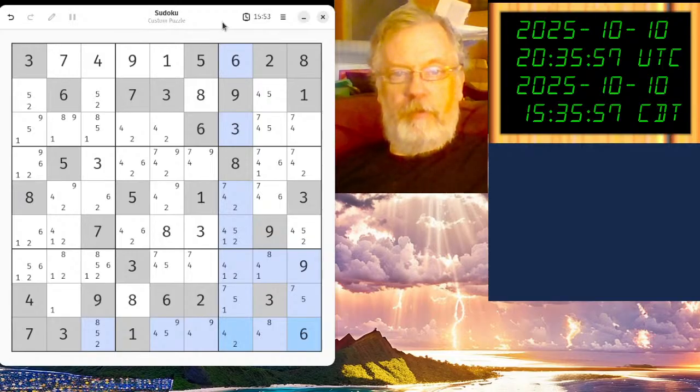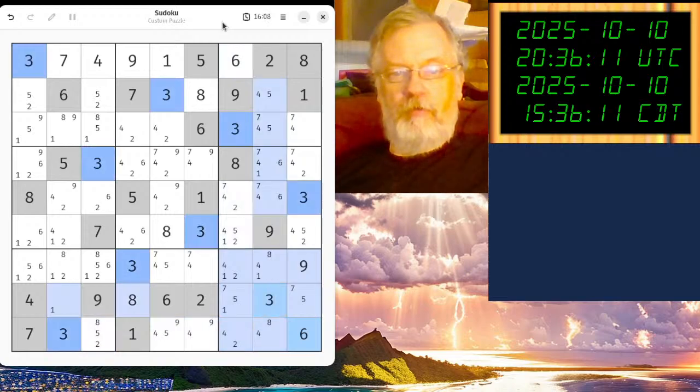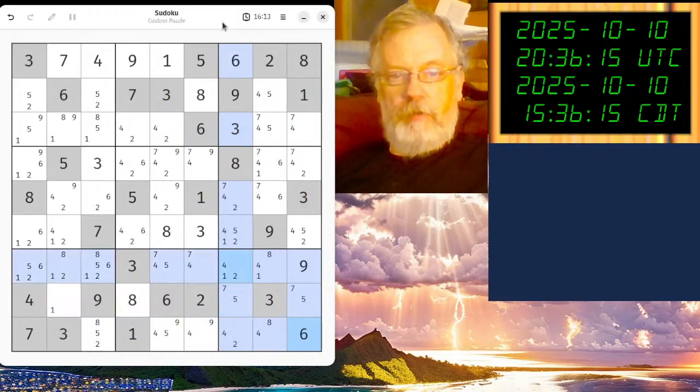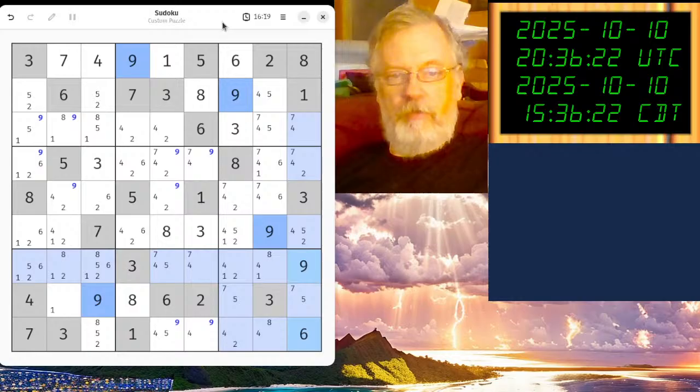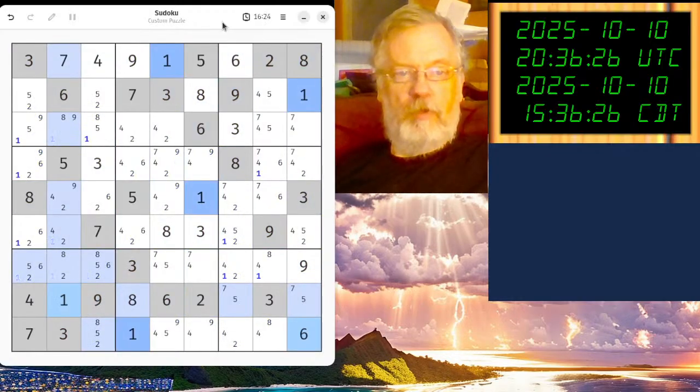Let's see, I'm not seeing any constraints on 5's, but we did narrow the 5's down already. 6 is provided. 7 is going to be one of these 2, so that can't be a 1. That means an 8 is going to be one of these 2, and a 9 is on the board. So we got a 7 and a 5. That means this is going to be a 1.